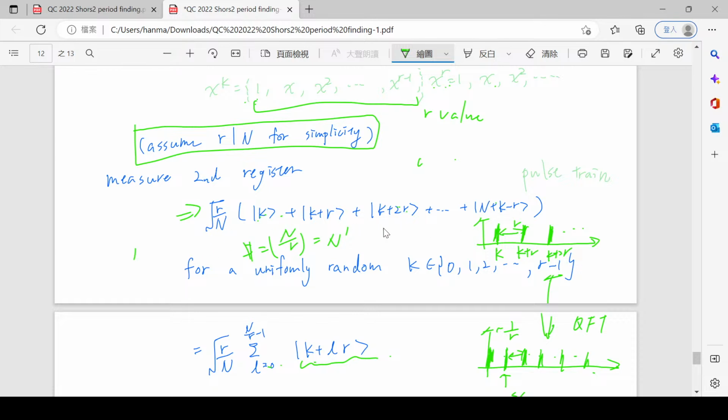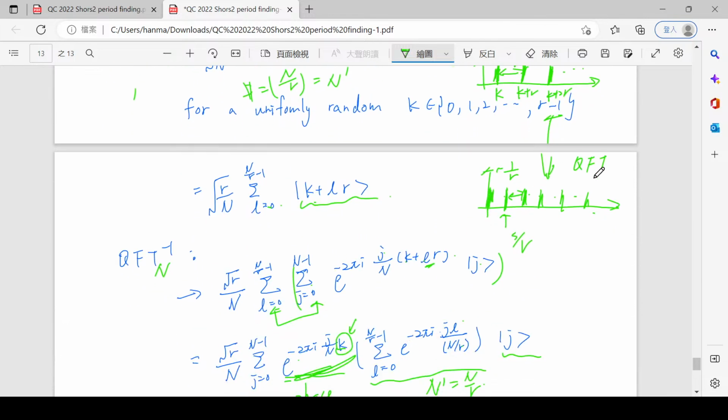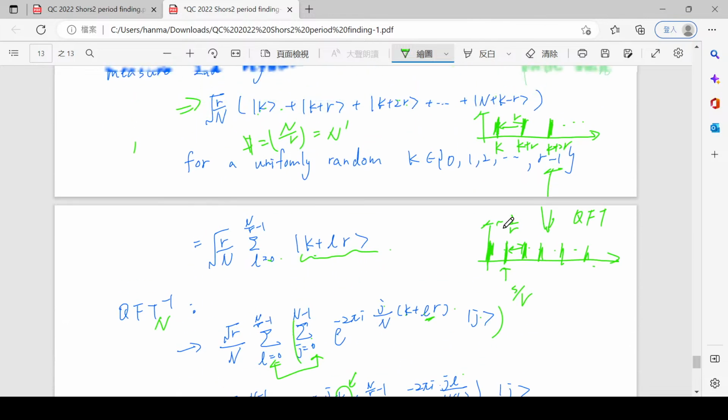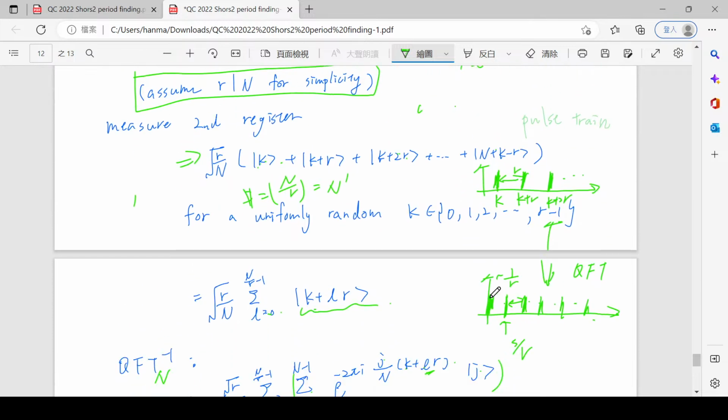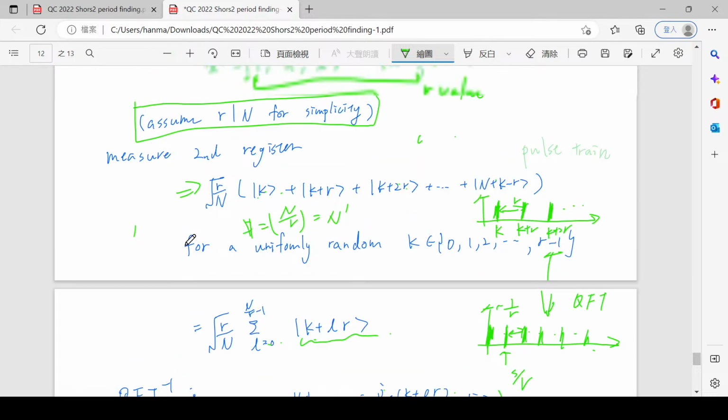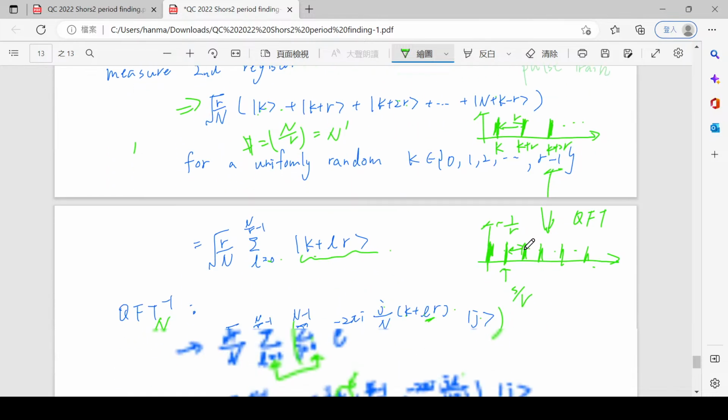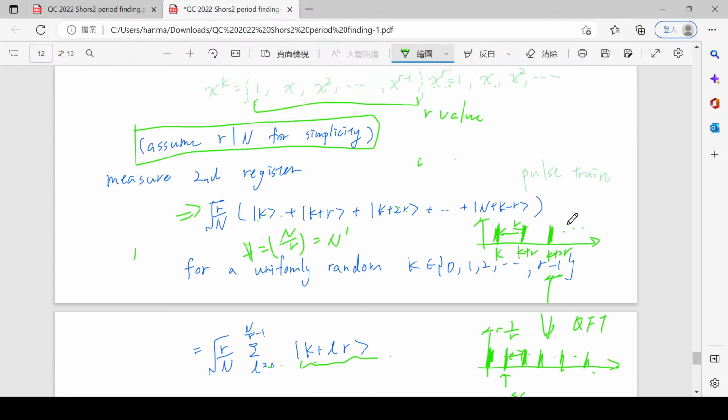And this kind of thing, we will think about Fourier transform as being like a pulse train. It's an equally spaced out signal. And you do Fourier transform, it gives you another pulse train with also equal spacing, but the spacing here becomes 1 over r. And I guess the real important, not so obvious fact is that you have a shifted pulse train here, right?